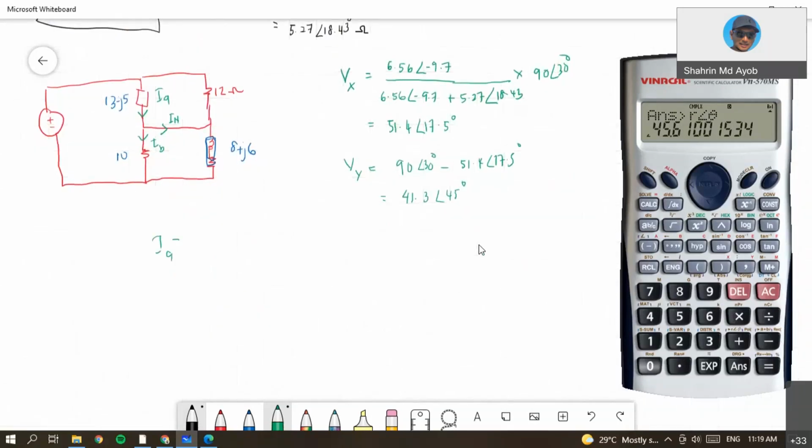My IA is 51.4 angle 17.5 over 13 minus J5. Then in the polar form, 3.69 angle 38.5.